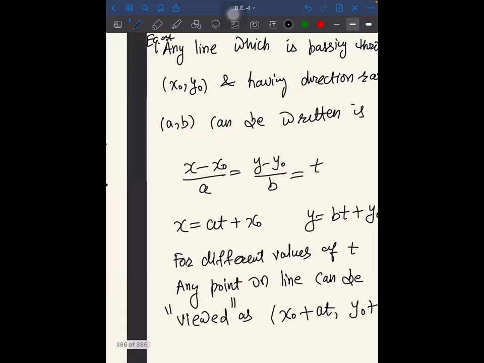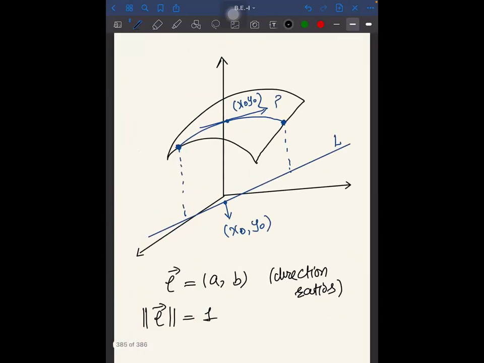So we may mark this point as (x naught plus at, y naught plus bt). Is it okay? So is this a point on the domain?